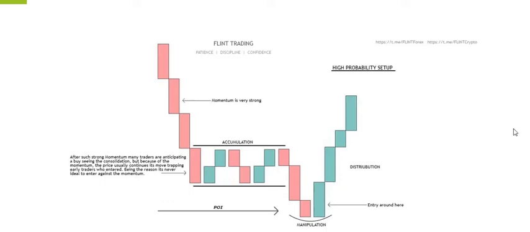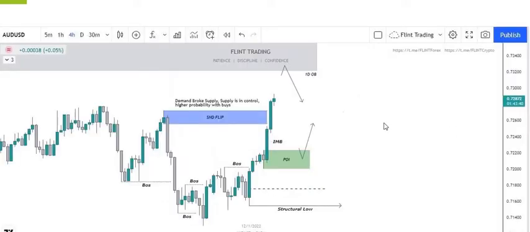Besides that, I actually sent an analysis on AUDUSD, which you can find. So my example will be based on this AUDUSD, and I will tell you why I plotted this level here, because I was planning to take bars from here or maybe here. So yeah, let's get into that.